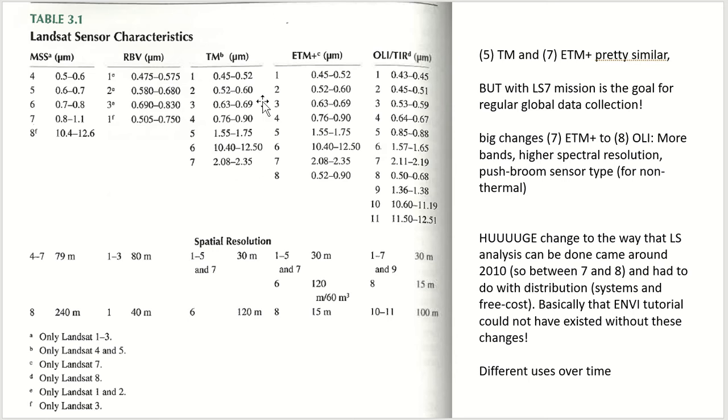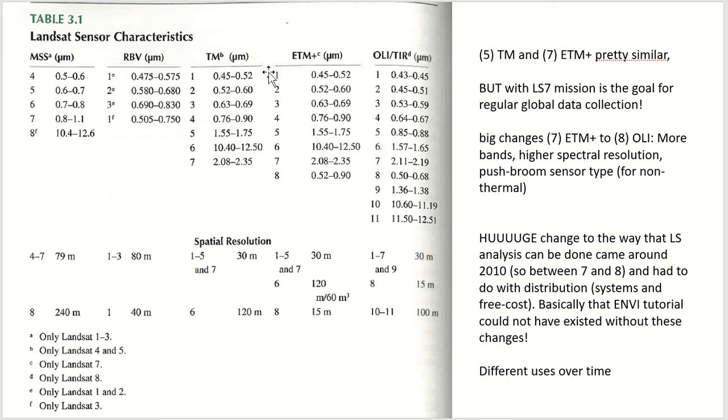Between the Thematic Mapper, TM, the sensor onboard Landsat 4 and 5, there were some changes to the Enhanced Thematic Mapper Plus, best known for being on board the Landsat 7 platform, but it was also on Landsat 6, which never actually captured usable data.